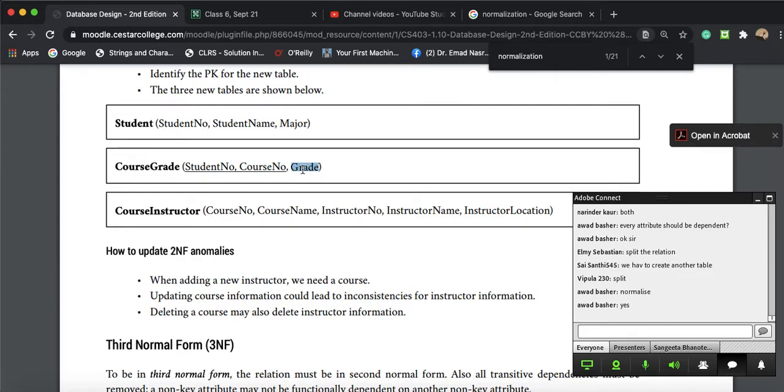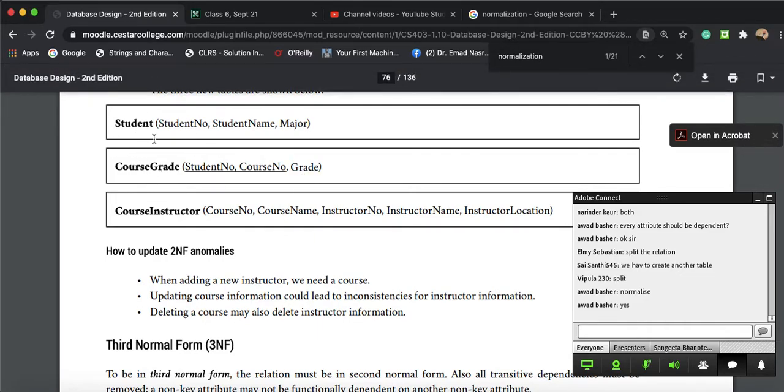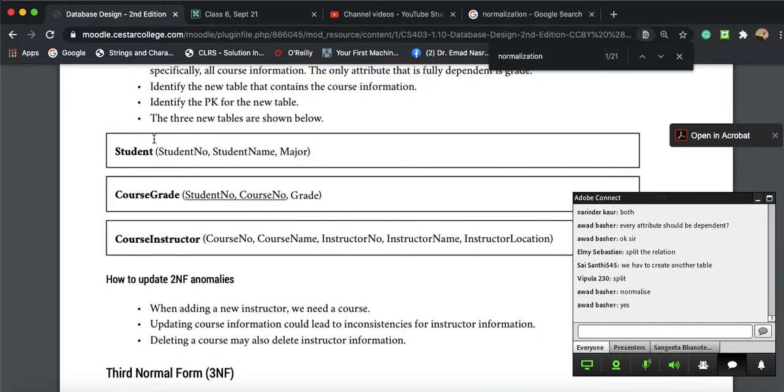So I can say now the database is in the second normal form because it's in the first normal form and it is in the second normal form.